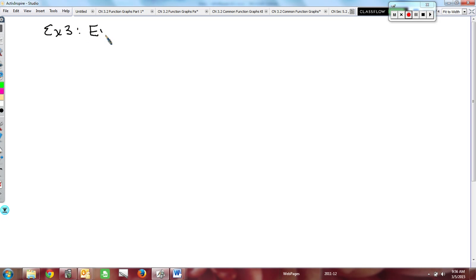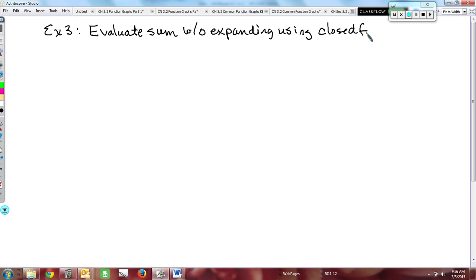We want to be able to evaluate the sum without expanding, using the closed formulas that you have in your notes. You might want to have your handout handy while we're doing this.